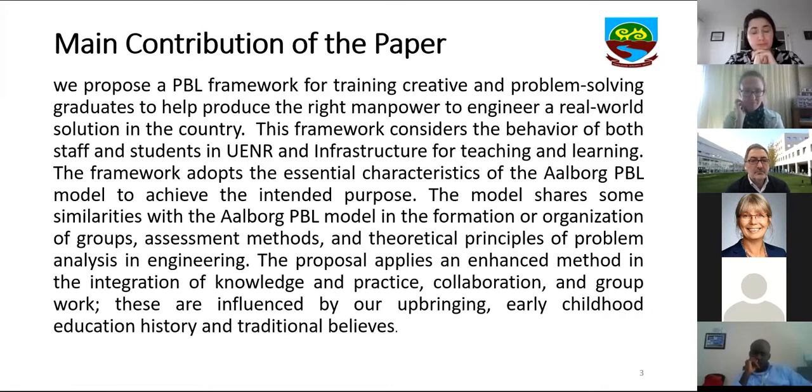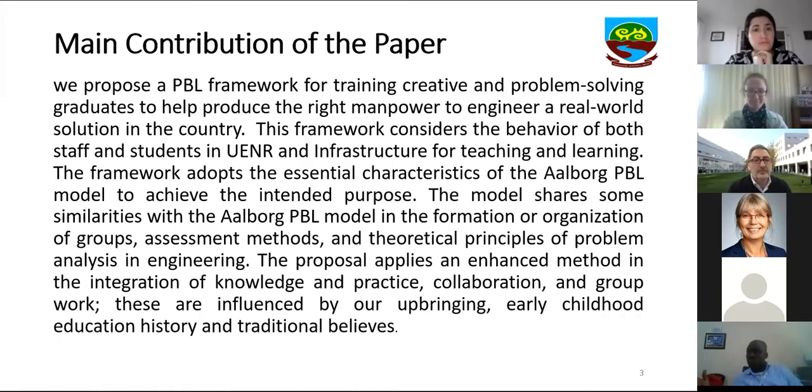So this framework would consider behavior of both the teaching staff and the students in the university. We'd also look at infrastructure for adapting this model. This framework adapts the essential characteristics of the ALBOC model to achieve the intended purpose.